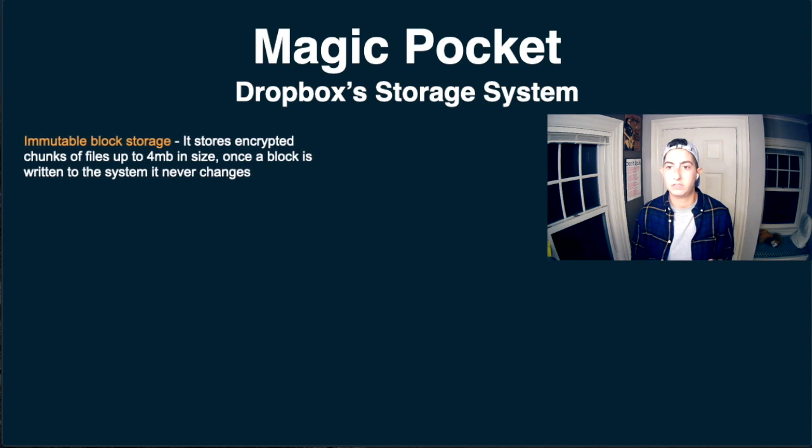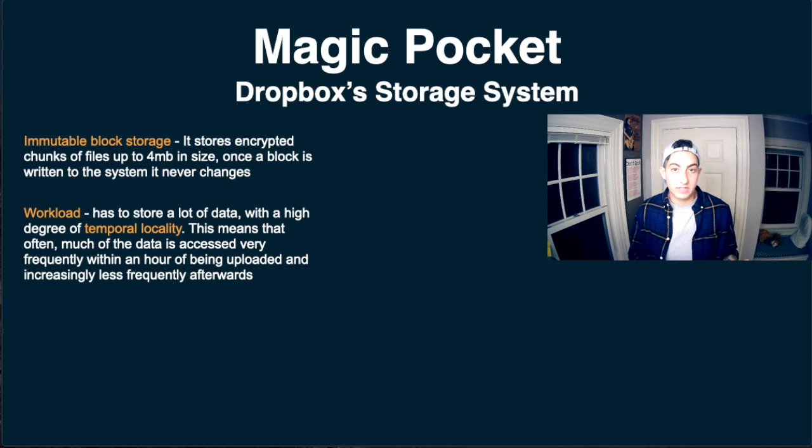Dropbox's storage system is made up of immutable block storage. It stores encrypted chunks of files up to 4 megabytes in size, and once a block is written to the system, it never changes. That's what immutable means: once it's written, it stays that way, and any updates are represented as additions to the file rather than modifying the original block.